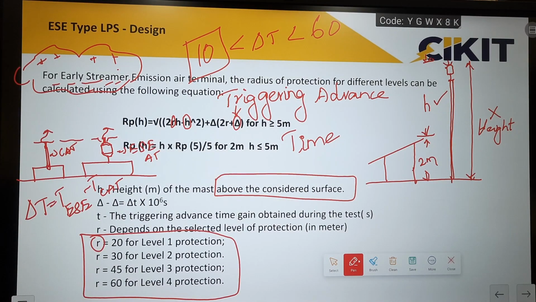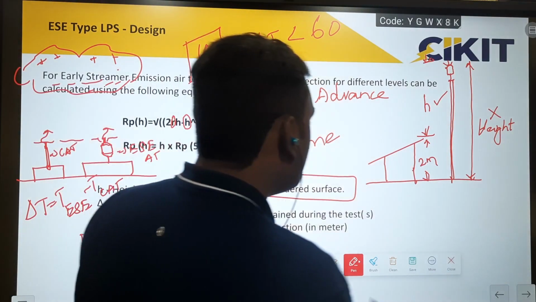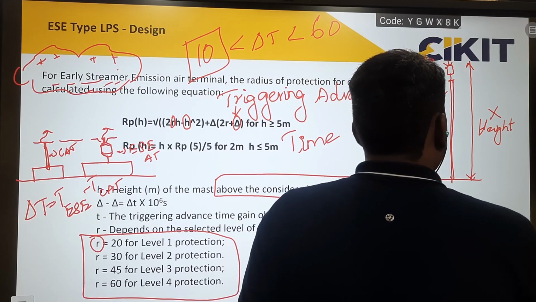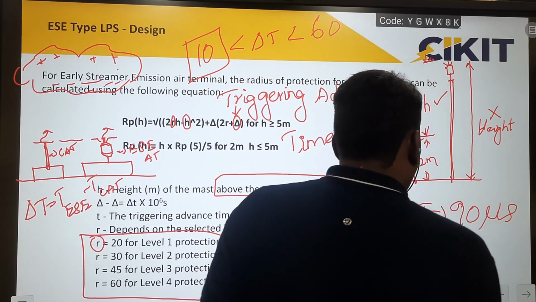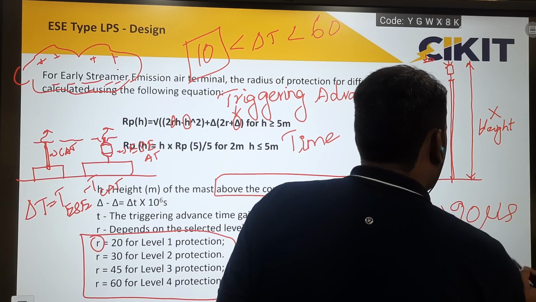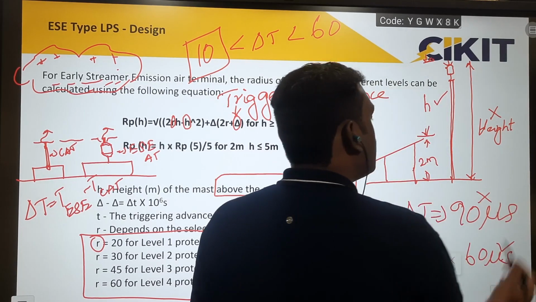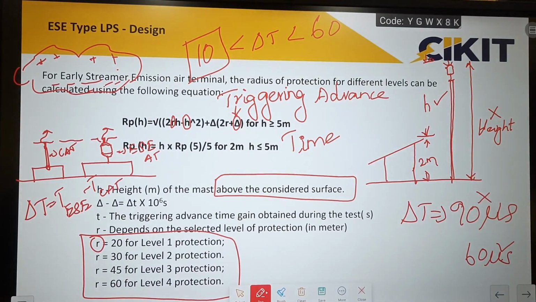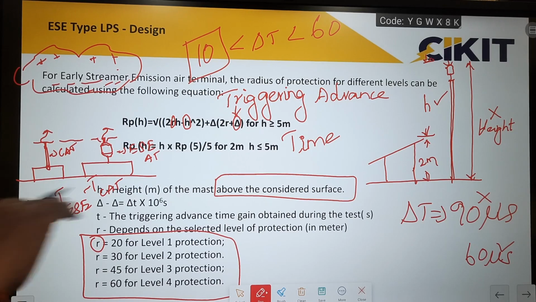The value has to be a minimum of 10. While performing the testing, if delta T comes to around 90 microseconds, I have to consider only 60 microseconds for calculations. I should not consider the 90 microseconds. Even if it is above 60, I have to use 60 microseconds only. I cannot consider the actual value.